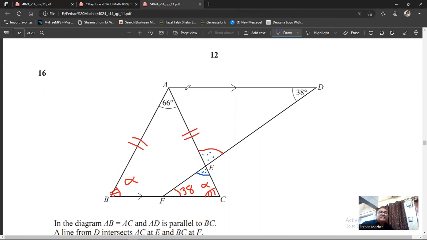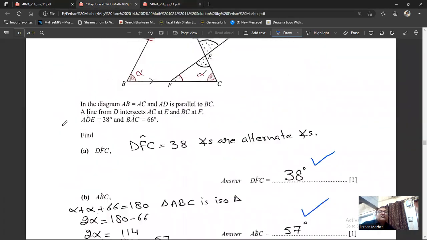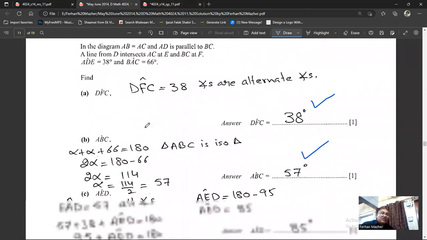This angle and this angle will also be alpha, and I know the value of the alpha, so I can add these two, and from 180 subtract these two, you get this angle. The strategy is very simple. You see, this is alpha, this is 38, this is the question mark.